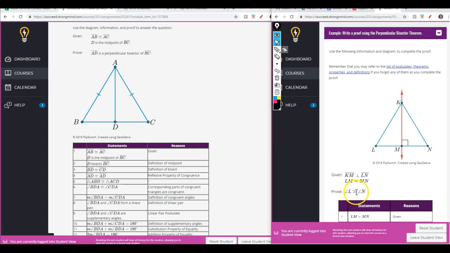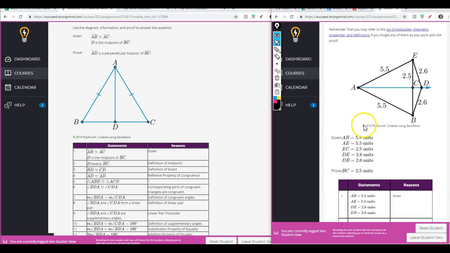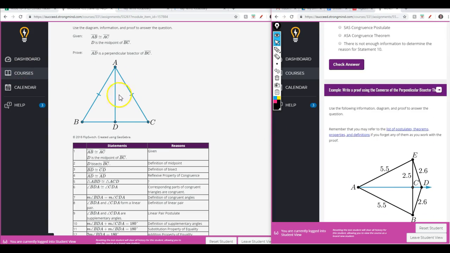Prove that the angle of L is congruent to the angle of N, which is not all of what we're looking for. So I'm not seeing one that's set up super similar to this, so I'm not going to use those proofs as an example, and I'm just going to read through and see if I can follow the statements to this statement 5 to see if we can answer this question.